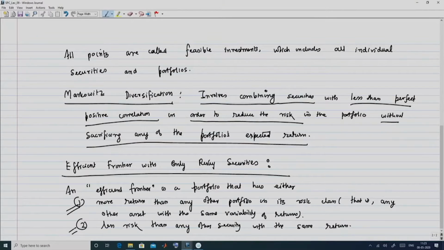Or equivalently, you fix a level of return and you will have numerous portfolios at the given level of return, and then you pick the one which has the least amount of risk. So, this means maximum return given a level of risk or minimum risk given a level of return, or simply the minimum variance portfolio.